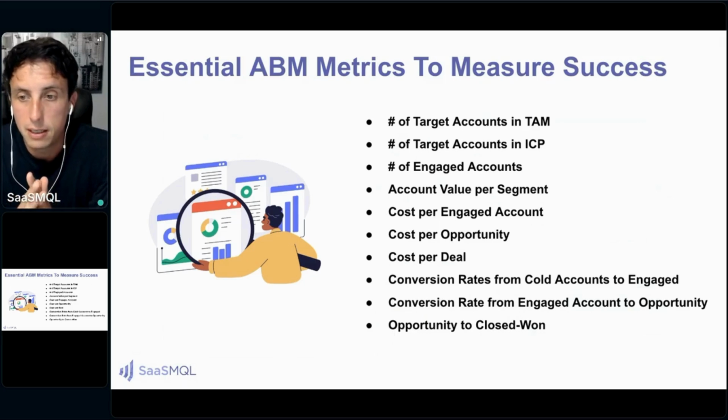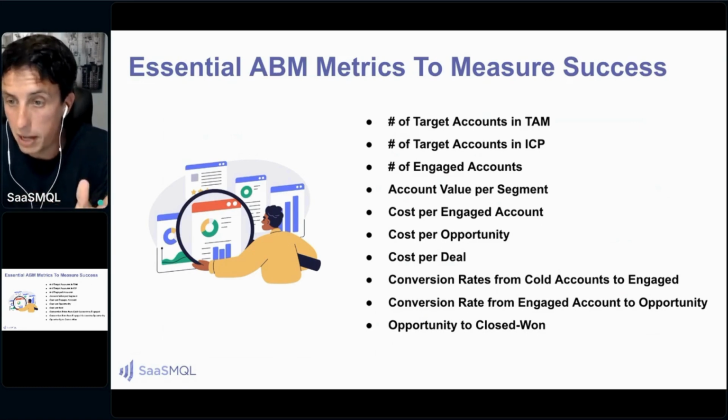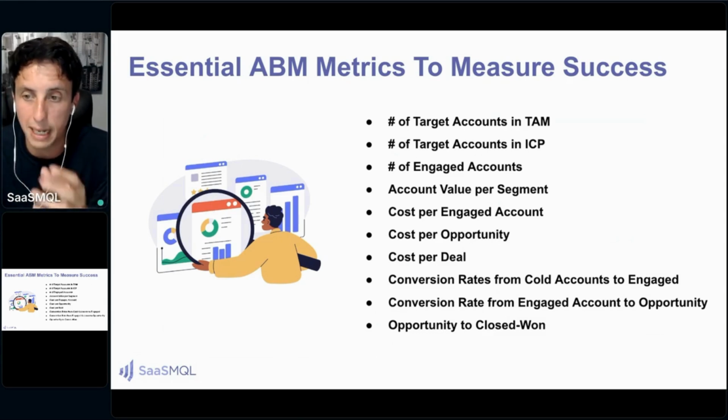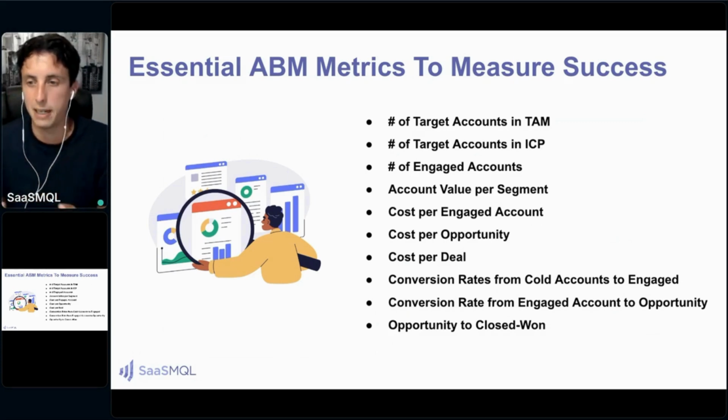You don't want to just start, I'm going to target 100 accounts. Why 100? What is your ICP? Start with all of them, ideally, or have a campaign that is targeting all of them at the top of the funnel, because you want to move them to become aware and then warm if they are in your ICP. Why should they stay unaware that you even exist as a company, as a solution, if they are in your ICP, right?